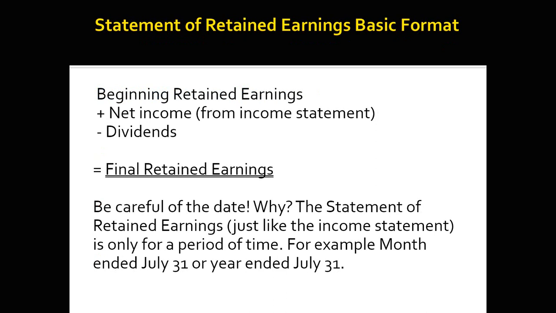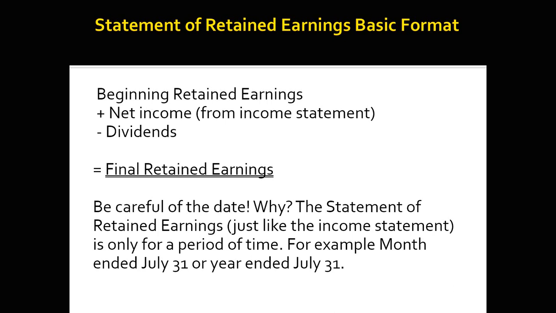So again, just write the shell. Here's the shell. Beginning retained earnings plus net income minus dividends equals final retained earnings. So the account name is retained earnings. Also be careful of the date when you work in the lab. Why? Just like the income statement, it is only used for one period.